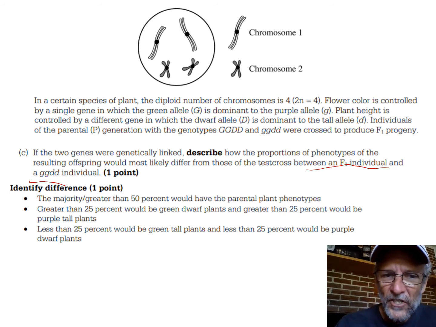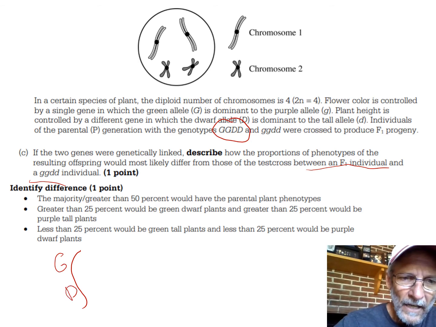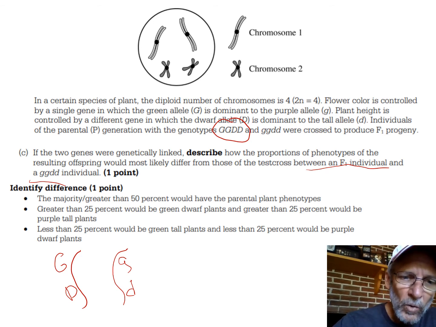Well, if these genes are on the same chromosome, then this F1 individual got a chromosome that had the two dominant genes linked. And then from its other parent, it got a chromosome with the two recessive genes linked. And so they could only give their kids this chromosome or this chromosome.